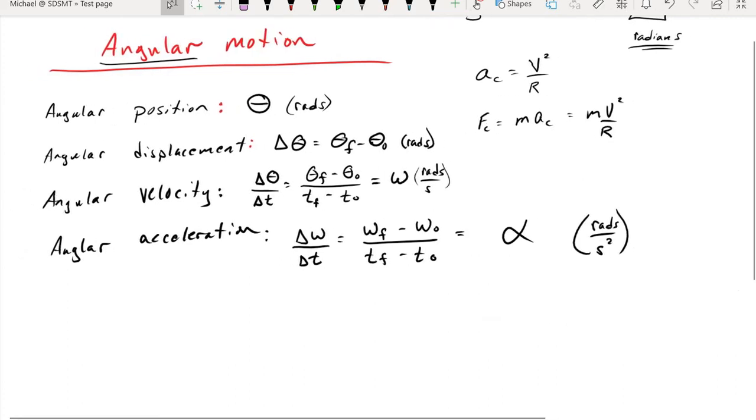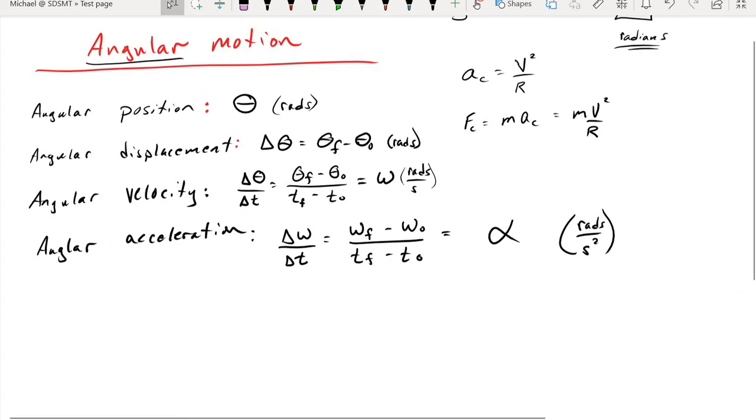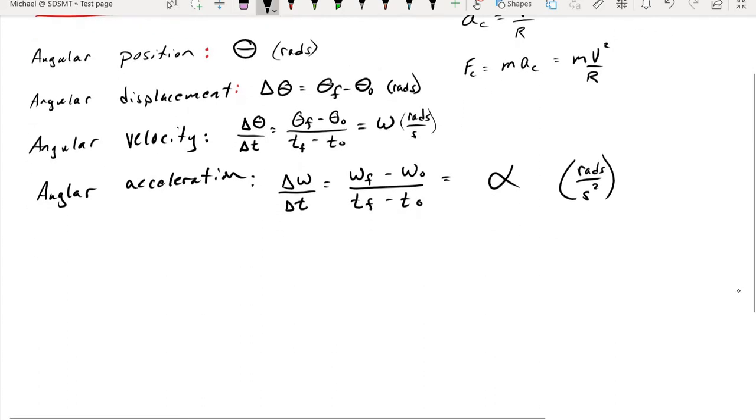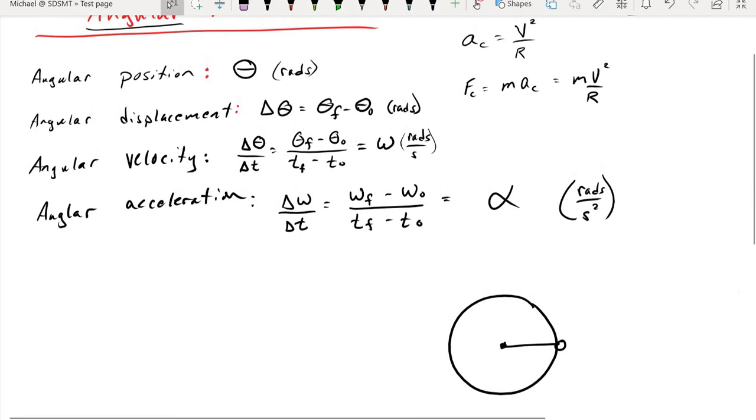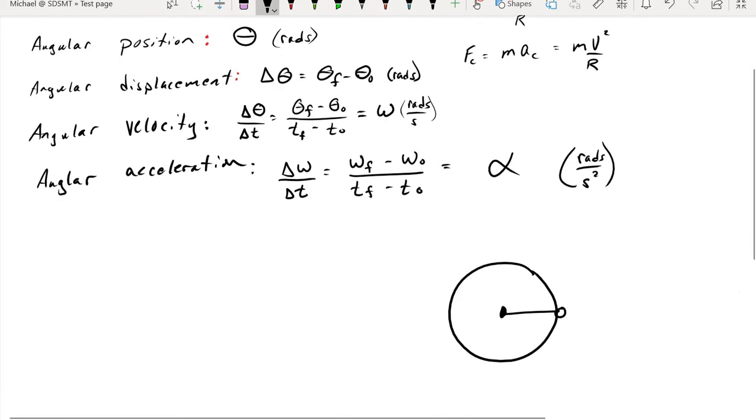And so far, nothing's really changed. Even though we have an object that's moving in a circle, all the definitions that we're using for position, displacement, velocity, acceleration, all those definitions are the same. Our angular position is still defined using a predetermined reference frame.